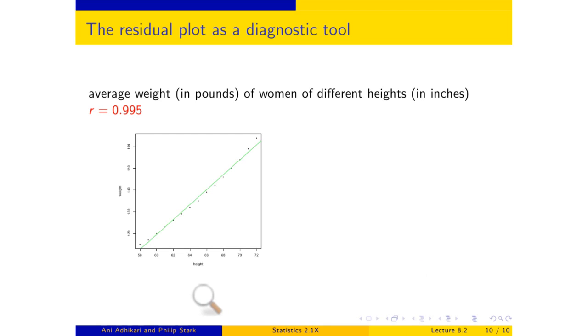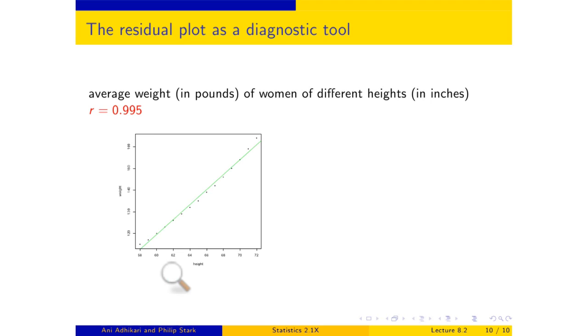There's the picture. So let's understand the data. There's a population of women, and what you've done is everybody who is 5 feet tall has been lumped into this point. So in fact, everybody who is 60 inches tall to the nearest even inch has been lumped into this point.